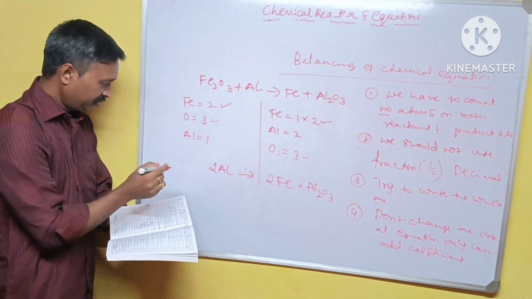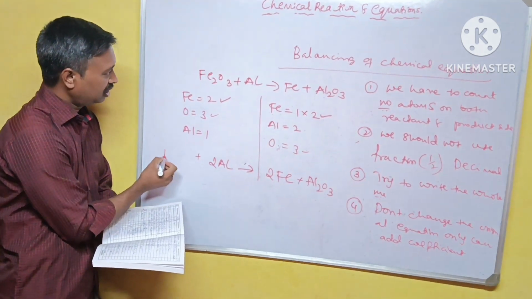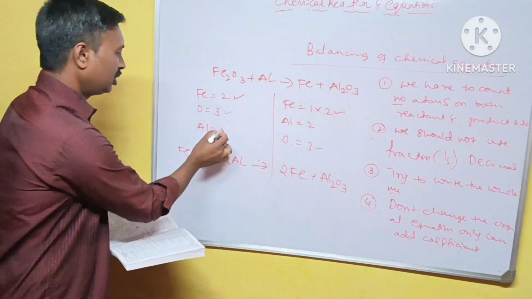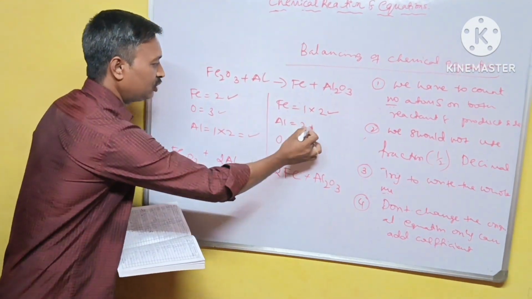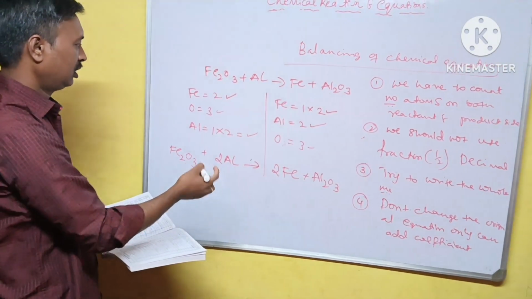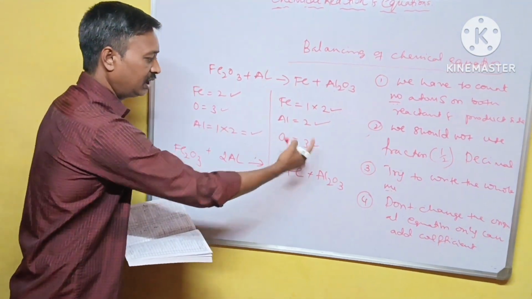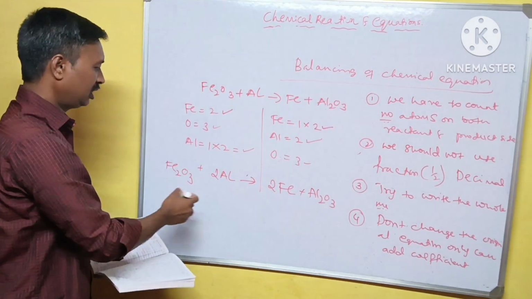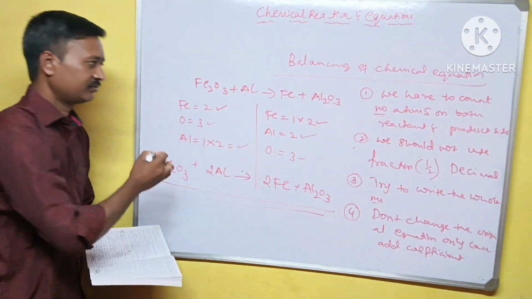Correct? Then what will be the answer? Correct answer: Fe2O3 plus 2Al gives 2Fe plus Al2O3. Look at 2Al, 2Al. 3 oxygen, 3 oxygen. 2Fe, 2Fe. It was balanced.